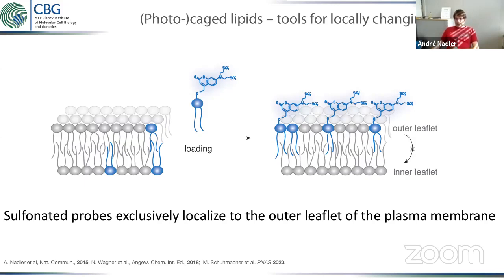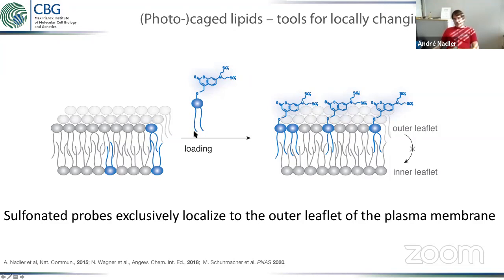We use yet another trick before we go to actual data. We put these sulfonate groups on, and this allows us to load the caged lipid probes only in the outer leaflet of the plasma membrane.